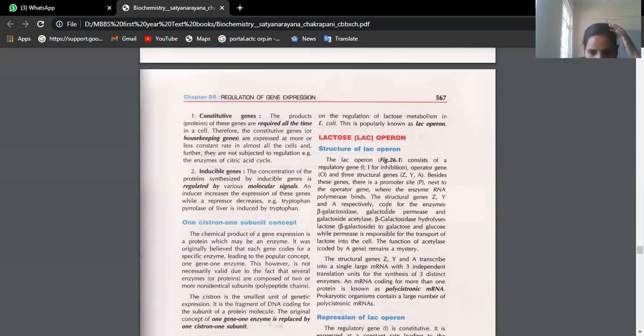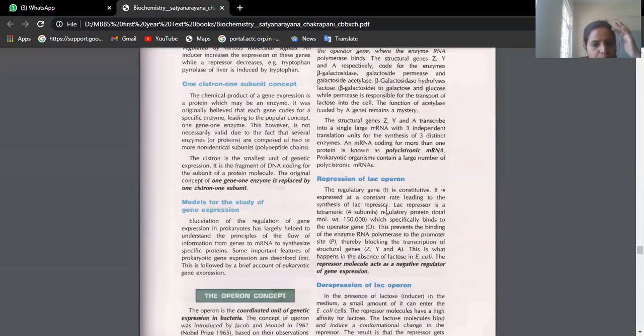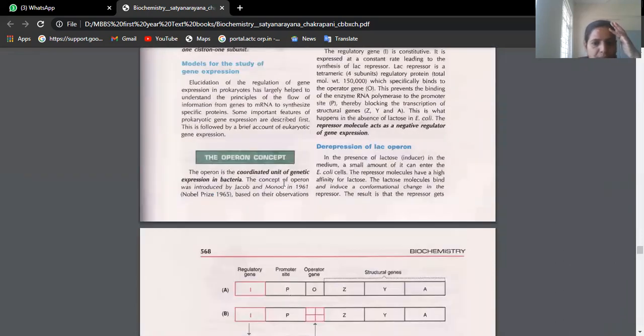This lac operon concept is a coordinated unit of genetic expression in bacteria. That means we have a regulatory gene, a promoter site, an operator gene, and certain structural genes like ZYA, studied in a bacteria.